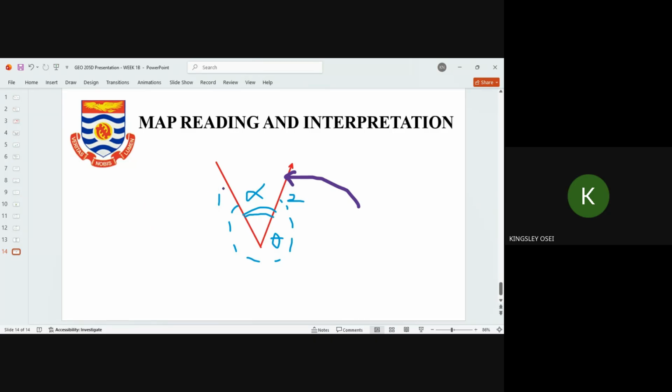We put that line, which will combine with this line for this angle to be realized, to the zero. So that is how we clear.